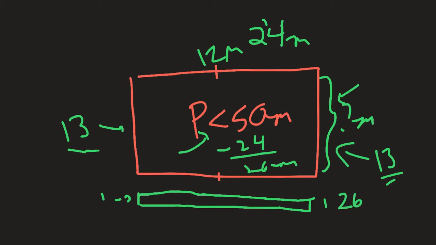We could even shrink it down a little bit further, to half a meter or a third of a meter, but you could never have it be equal to 24 meters. So the other thing that you know from this information is that your perimeter will always be greater than 24 meters. So that's a way of thinking about these problems as well.